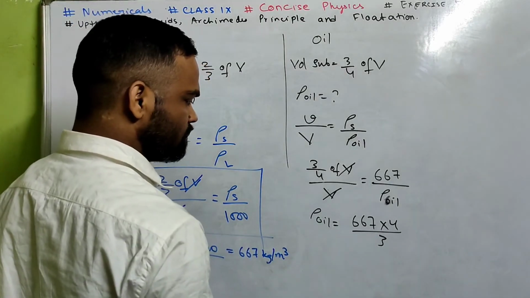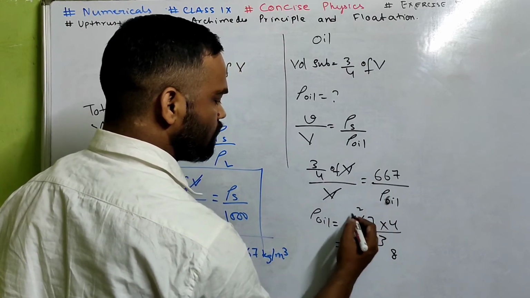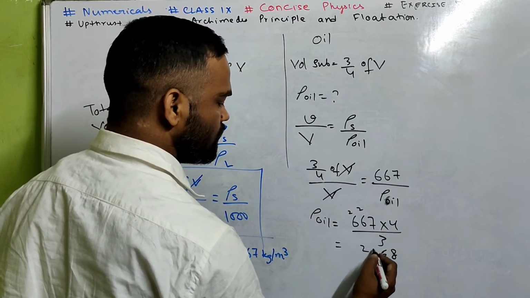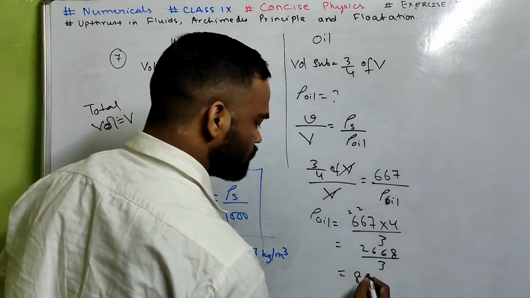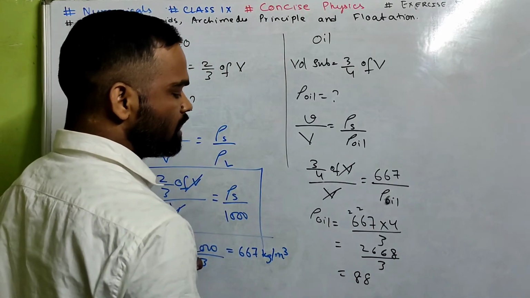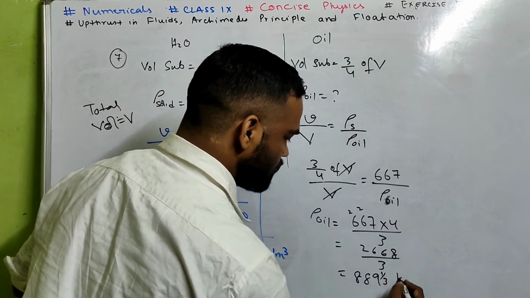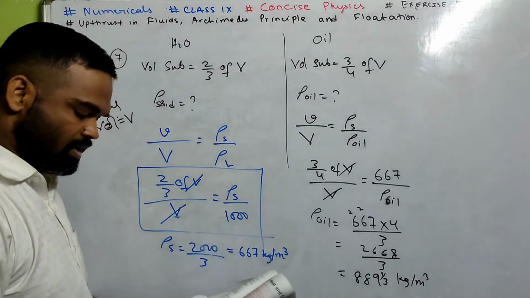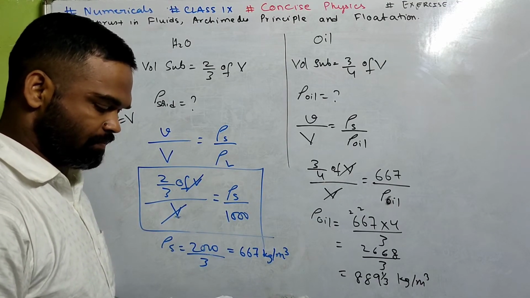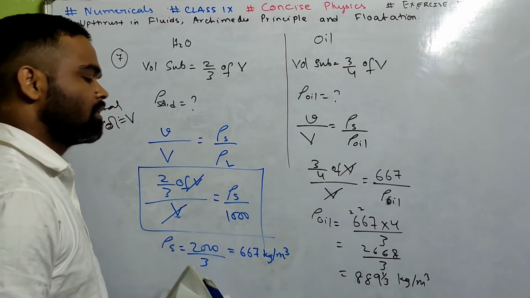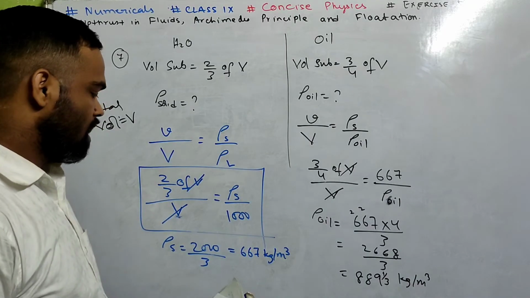Now you calculate this. This comes to 889 and 1 by 3 kg per meter cube, and that's my answer.